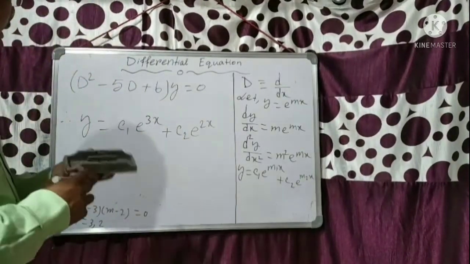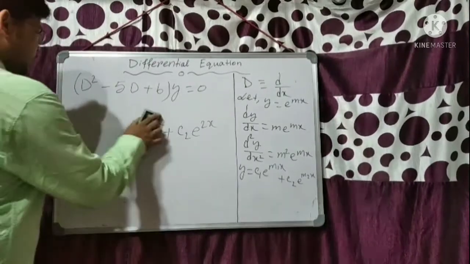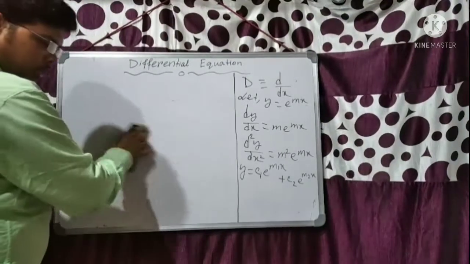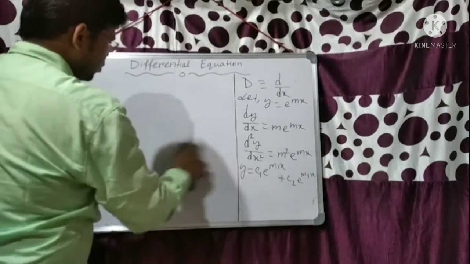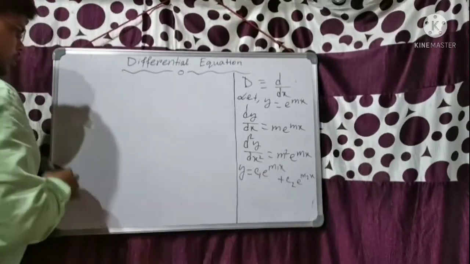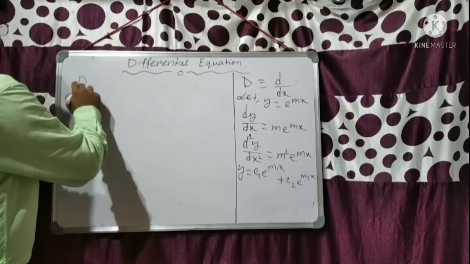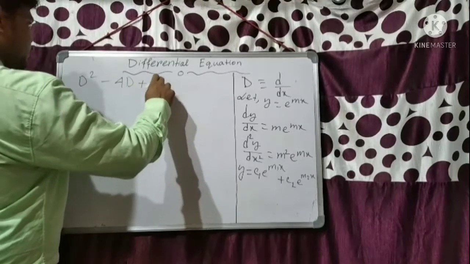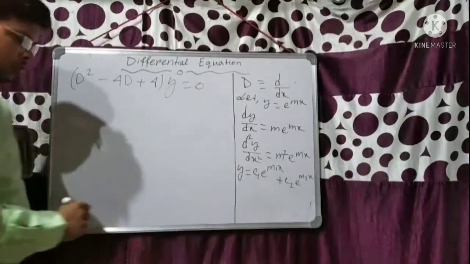If I take another example like D square minus 4D plus 4 into y equal to 0.